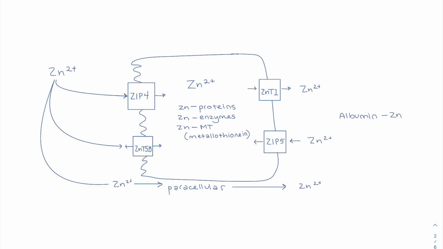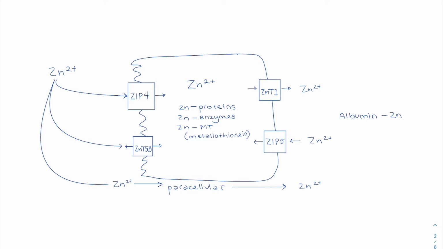ZIP4 seems to be the main transport mechanism because if we have a mutation in ZIP4, that can lead to acrodermatitis enteropathica, or AE.